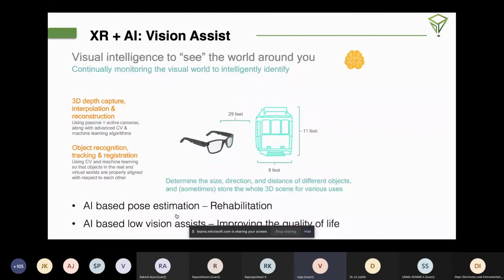AR does continuous 3D depth capturing and reconstruction, and it has to build that data and then track it. So there's a heavy amount of GPU work, heavy amount of AI computer vision work happening for you to do it.